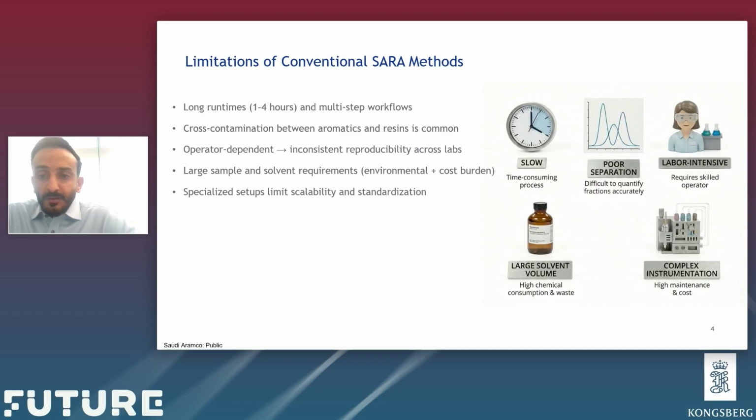But they all share a recurring challenge, which is that runtime is usually long, often 1 hour or even more than 1 hour. And most of these workflows are manual and require multiple steps. There is also the challenge of cross-contamination between different fractions, such as the aromatics and resins. This is also well documented and can lead to misclassification of the SARA fractions.